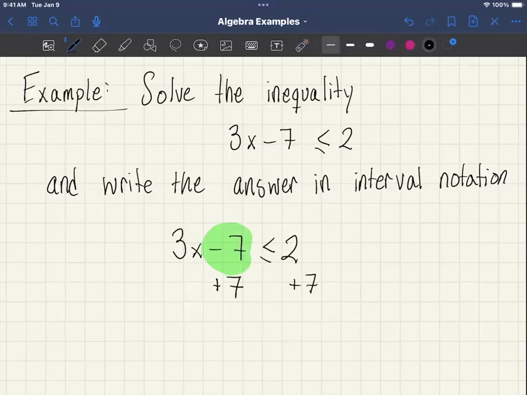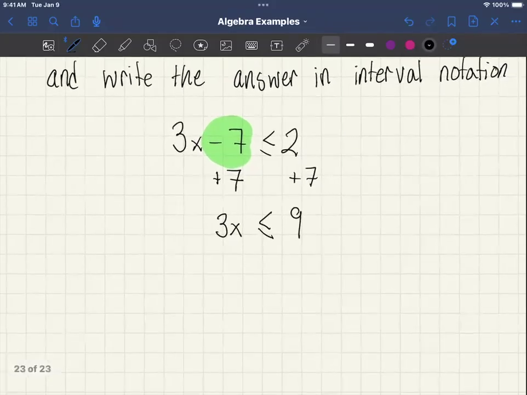We're going to do that to both sides. Because we're adding to both sides, our sign in the middle does not change. And on the left-hand side, the 7s cancel each other out. And on the right-hand side, 7 plus 2 is equal to 9.